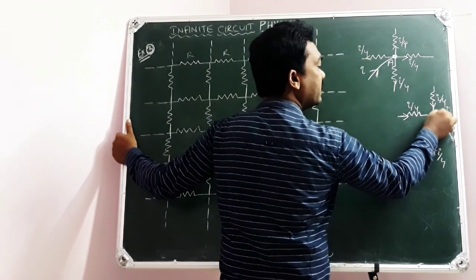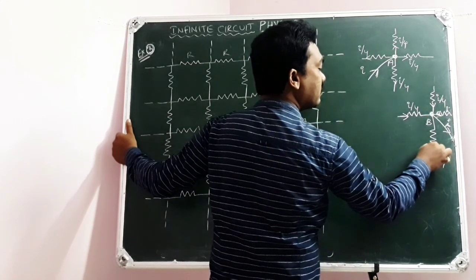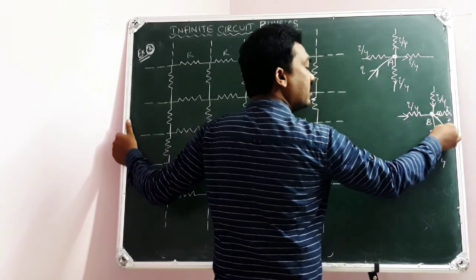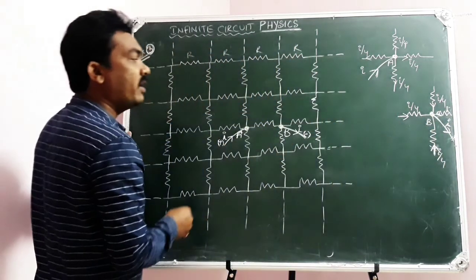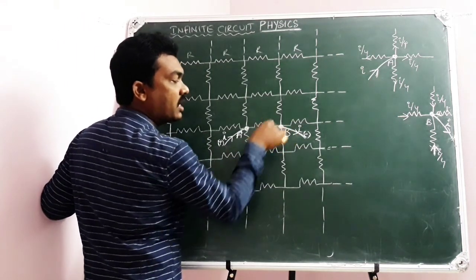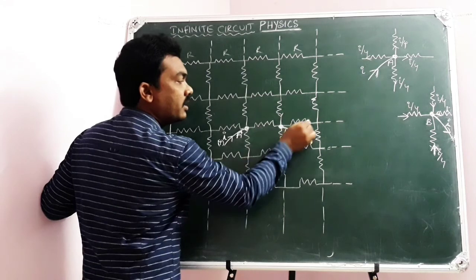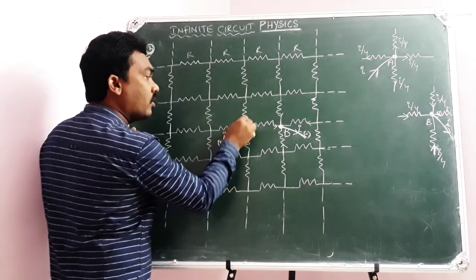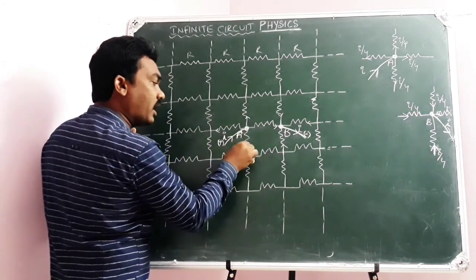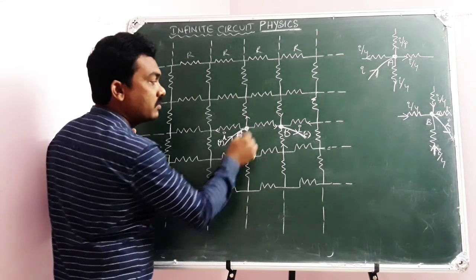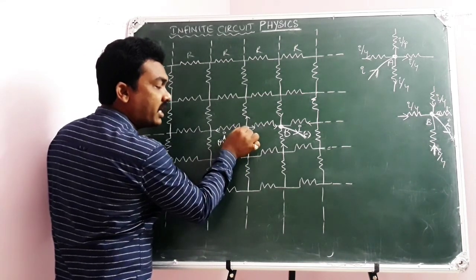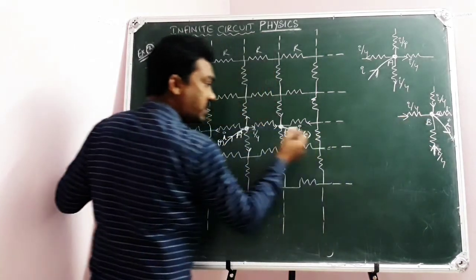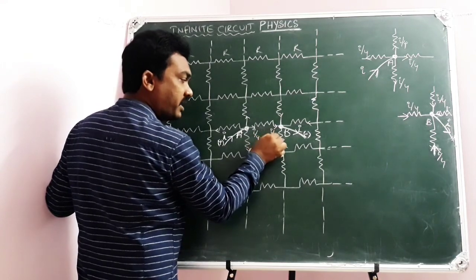Sorry, it's towards B. At B, I current has to leave the junction, so B has 4 incoming paths. Here, here and here and here. A has 4 outputs. So when A is an isolated junction, I by 4 should leave A. When B is an isolated junction, I by 4 should enter at B.